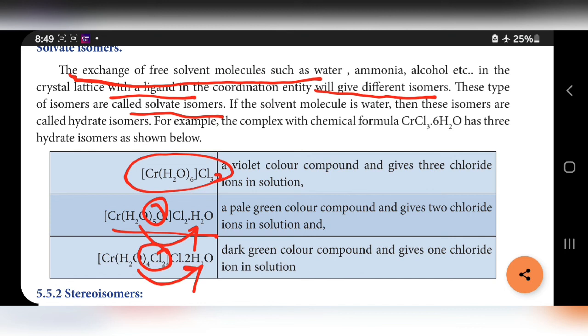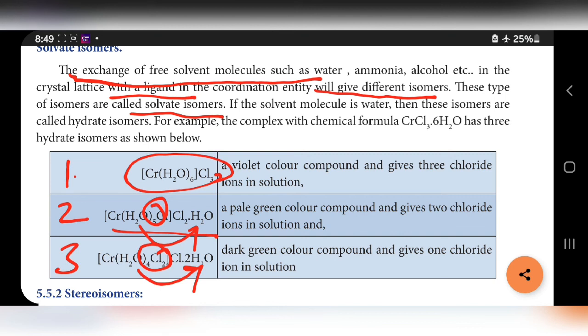If the solvent molecule is water, these isomers are called hydrate isomers. For example, the complex with formula CrCl3·6H2O has 3 hydrate isomers.